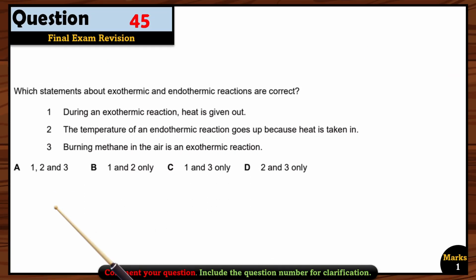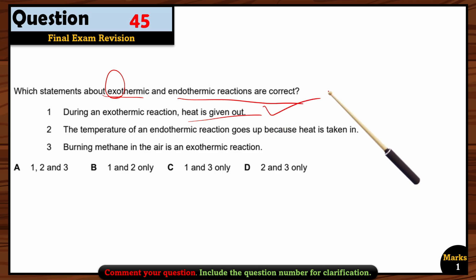Question 45. Which statements about exothermic and endothermic reactions are correct? I already told you, students already know that exothermic means the heat is given out. But they get confused with some of the statements, like this one. During an exothermic reaction, heat is given out. Yes, that's right.